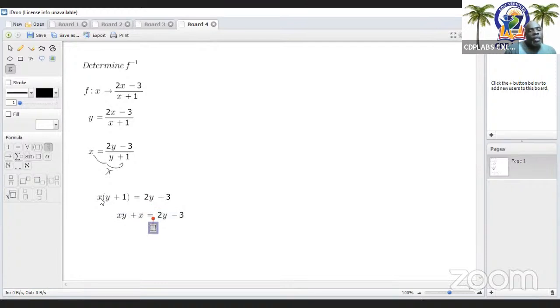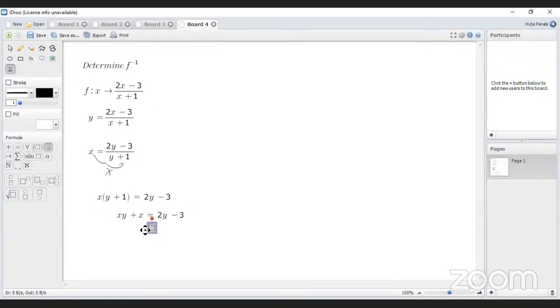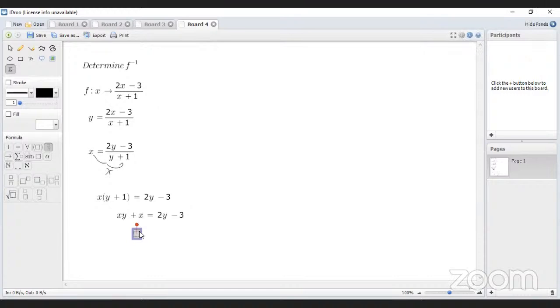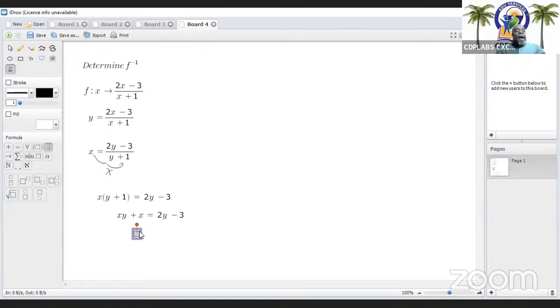I'll get xy, x times y, x times 1 is x. And we want to keep y on one side, so we have to carry over the 3.